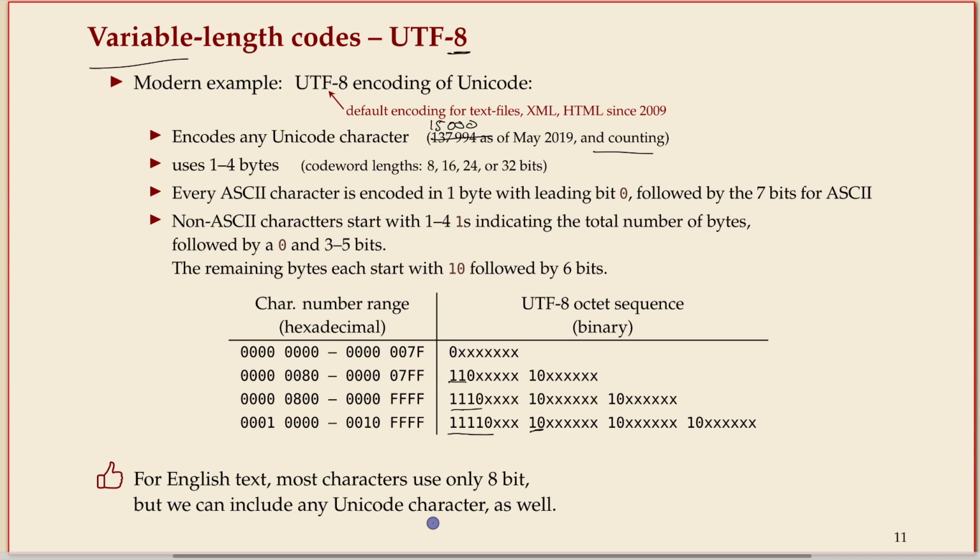Now, the fact that this is a variable length code has some consequences that most programmers tend to ignore most of the time and get away with most of the time, but not always. If you have a text that's encoded in UTF-8 and you want to know how many characters there are, you can't just take the length of the file or the number of bytes. You would actually have to read through all the text and check which of the bytes are part of the same character.